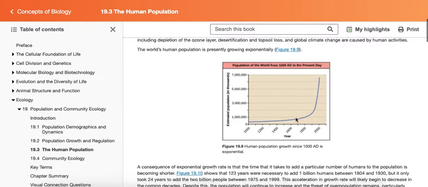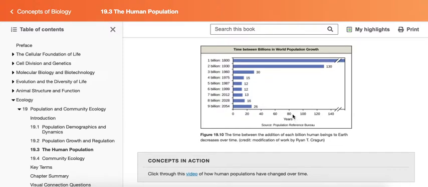It's gone very quickly. There's this interesting chart here that shows that to reach the first billion people took hundreds of years, but to reach the second billion only took 130 years. To reach the third billion, which we did in 1960, so from 1930 to 1960, it only took 30 years.